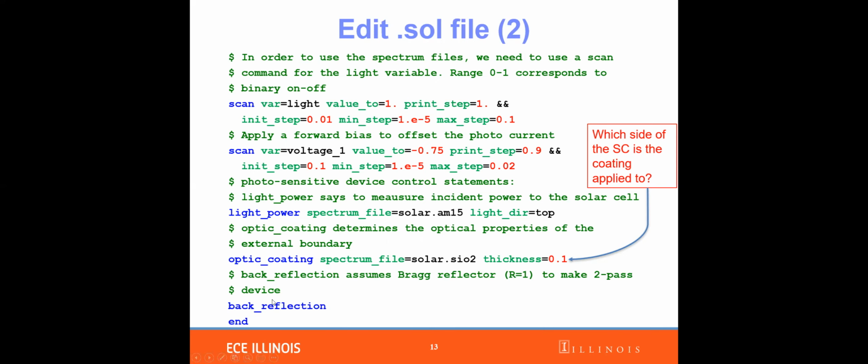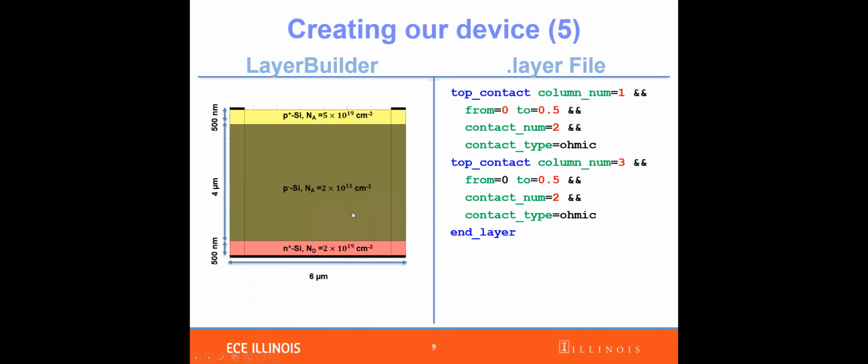What does that mean? When the solar cell is exposed to sunlight, the light will hit the bottom contact, and if we enable back reflection, that means the sunlight is going to reflect back to the solar cell. It's not going to penetrate through the solar cell.